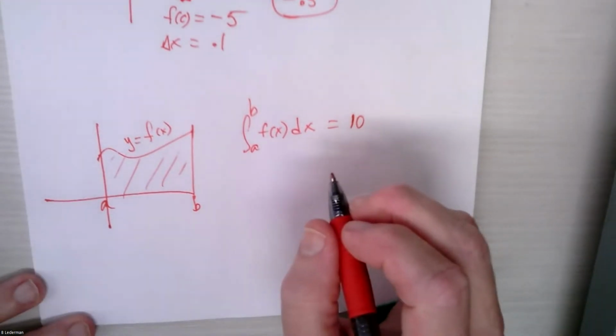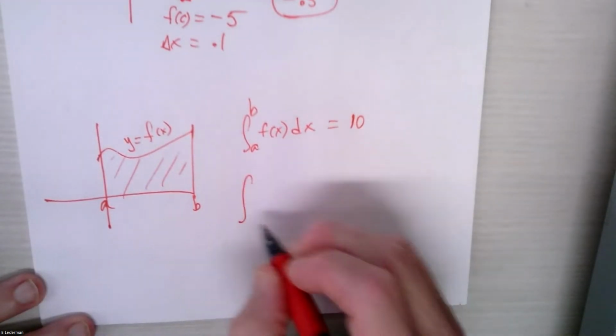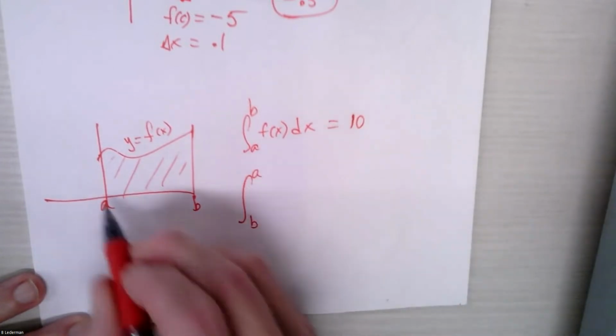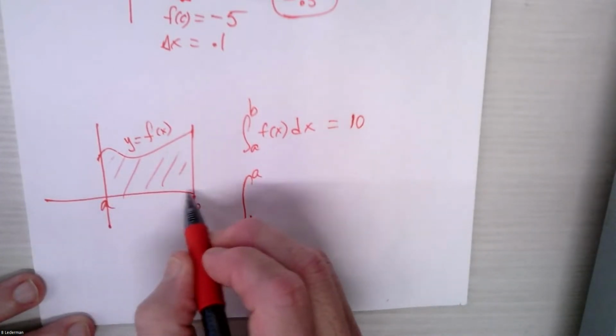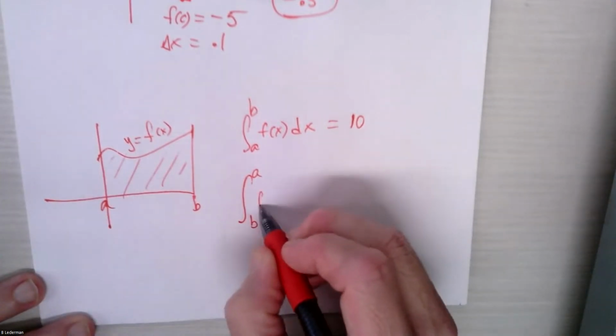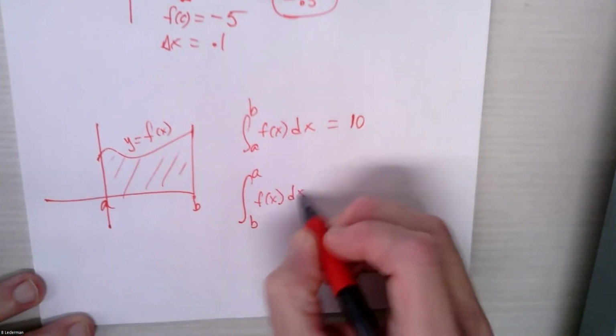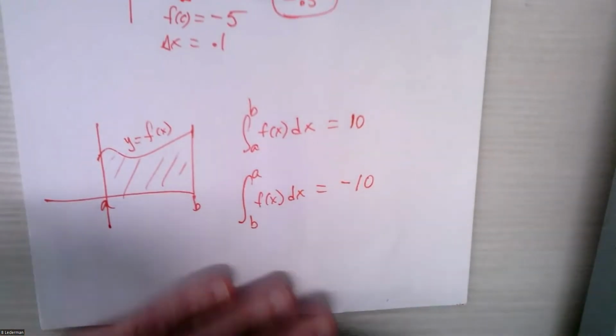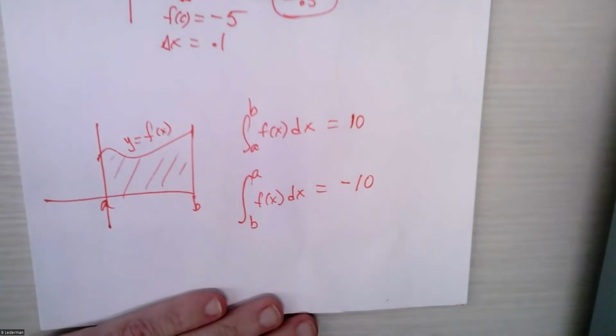Well, if I do the integral from B to A, meaning I reverse the direction, so instead of going from A to B I'm going from B to A, then it's -10. Again, we're talking about a directed area.